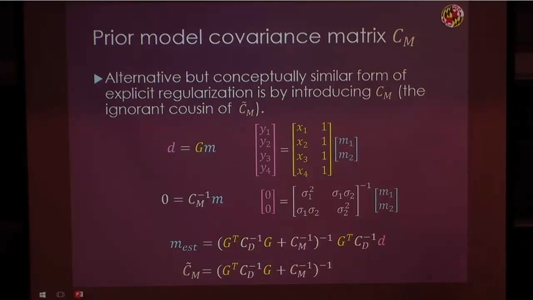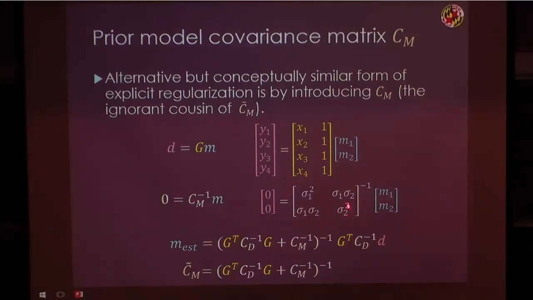You're not allowed to tell it about the data when you write this down. You have to use some physical intuition. For example, you might know that a quantity should be between, let's say, 1 and 2. So you could then say that the variance of that parameter should be something like 0.25.